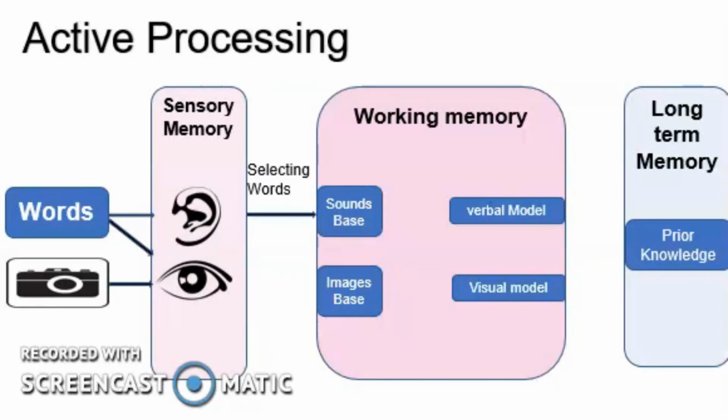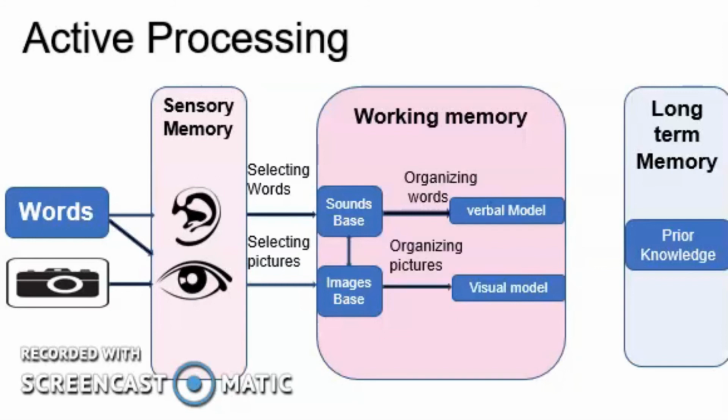The words are selected and the pictures are selected by paying attention. The important words and the important pictures are selected to form the bases, and then they are organized to form the models, and then they are fitted together and integrated with the prior knowledge.